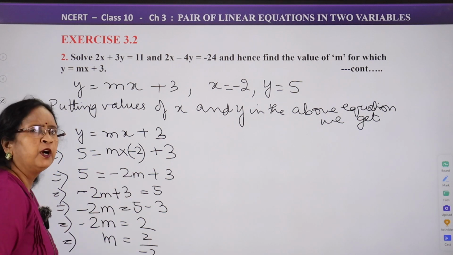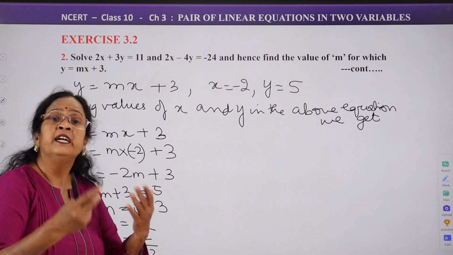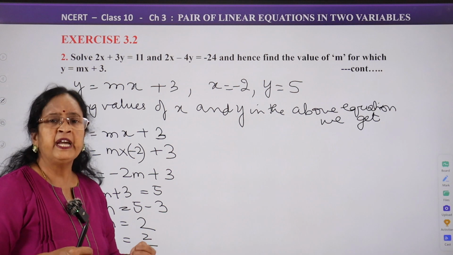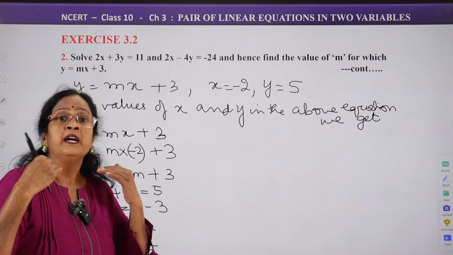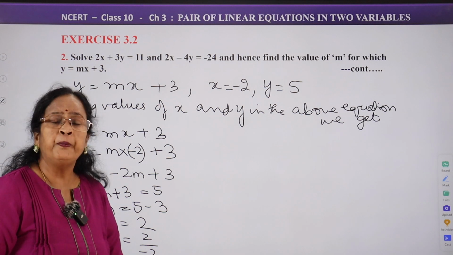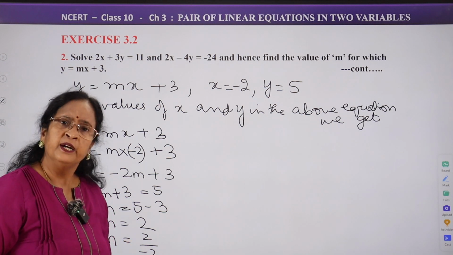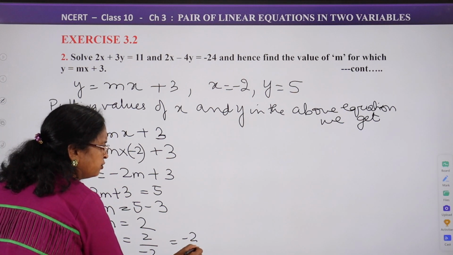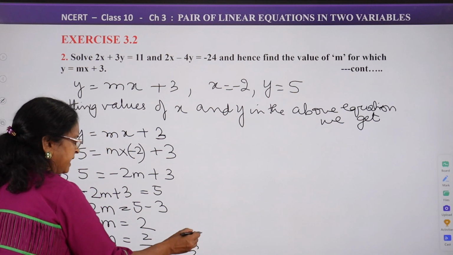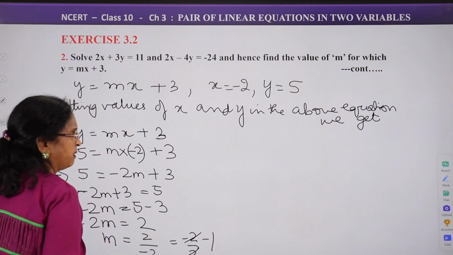Now we don't put negative sign in the denominator. We multiply negative sign to numerator and denominator again to put the negative sign in the numerator. So that becomes minus 2 by 2 and that is minus 1.